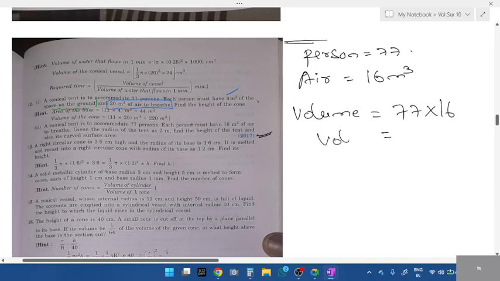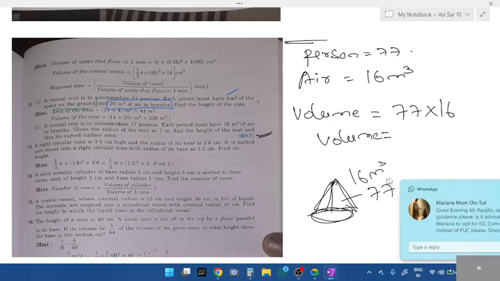Volume. First complete this. So volume is basically the empty space. In the empty space, this is the tent. So total 77 people are inside. Each person consumes around 16 meter cube of air.